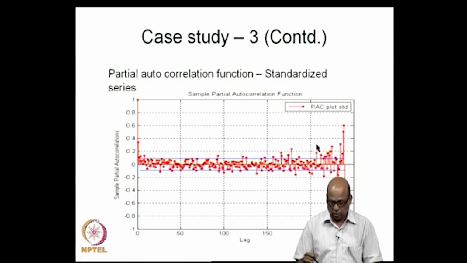So, we will not consider this information at present, but let us look at the power spectrum, because our aim was to examine whether by standardization we are in fact able to remove the periodicities or not.